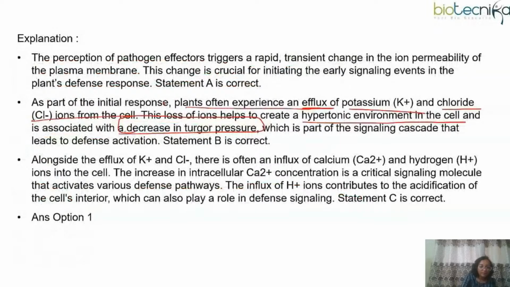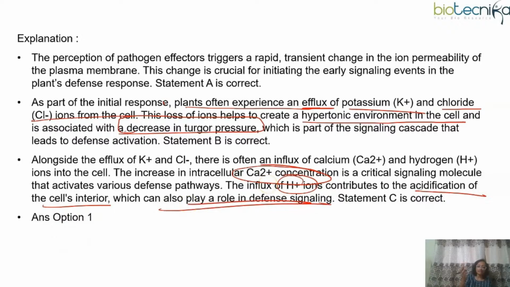Right? And because it's a main signaling intermediate, calcium concentration should increase inside the cell. So, influx of calcium is allowed. Why protons? Protons cause acidification of the cytosol, and that is also a defense signal.